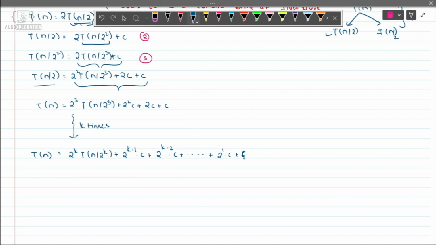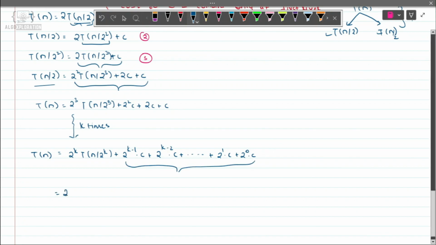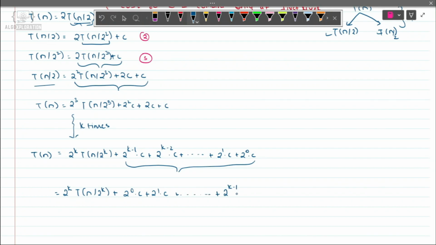Now this c can be written as 2^0 into c. Now I will be reversing this part. So we get 2^k T(n/2^k) plus 2^0 into c plus 2^1 into c and so on till 2^(k-1) into c.